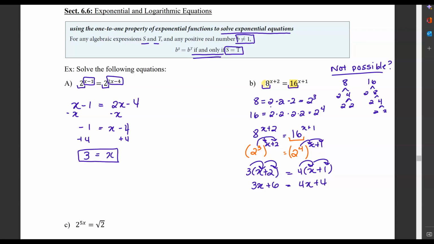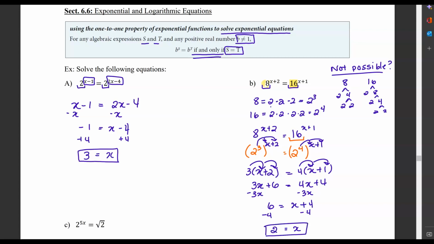Let's go ahead and solve this. So I'm going to subtract 3x from both sides, and I end up with 6 equals x plus 4. Let's subtract 4 from both sides, and I'm left with x equals 2.